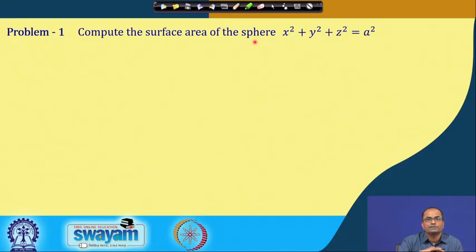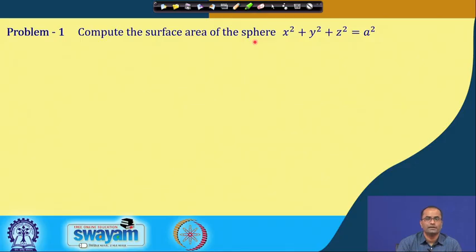So, we will take for instance the upper half part of the sphere, and if we project that upper half part of the sphere, this will give us the circle of radius a in the xy plane. Though we can project this to any one of these planes, either yz or zx or xy, let us project into the xy plane.